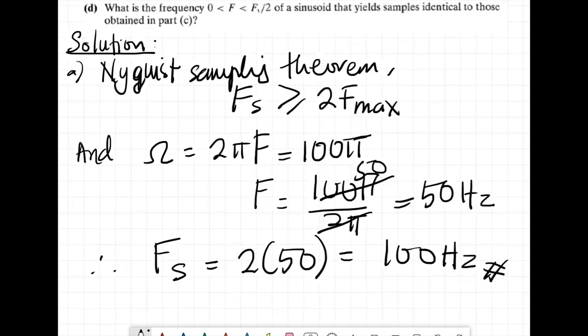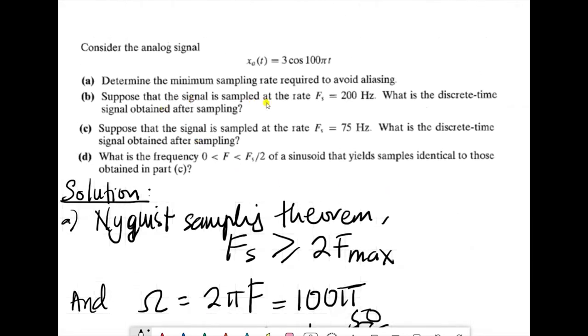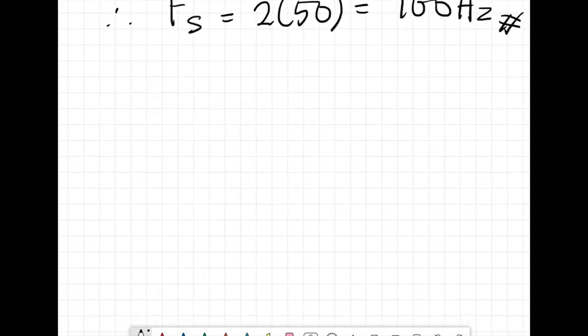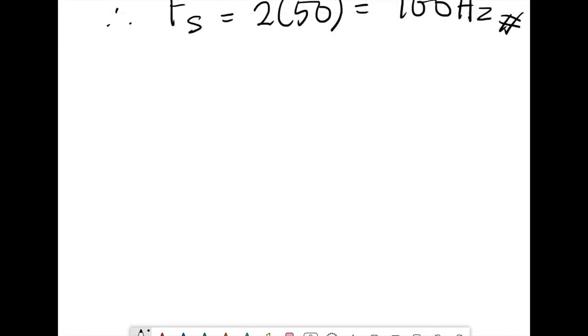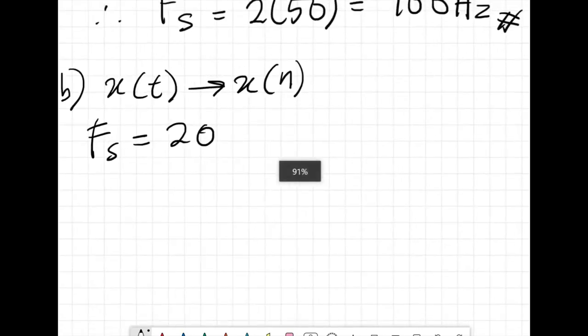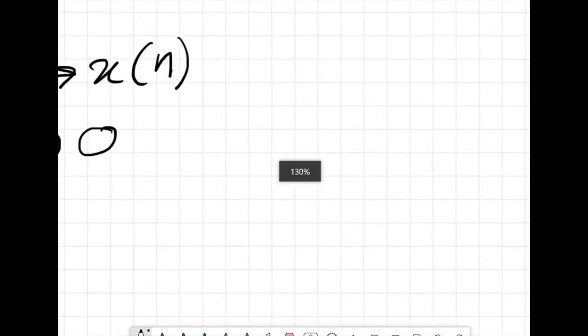Okay. Now, question B. Suppose the signal is sampled at Fs equals 200 Hz. What is the discrete time signal? Okay, so the question wants you to change from x(t) to x(n), right? So this Fs is given as 200 Hz.